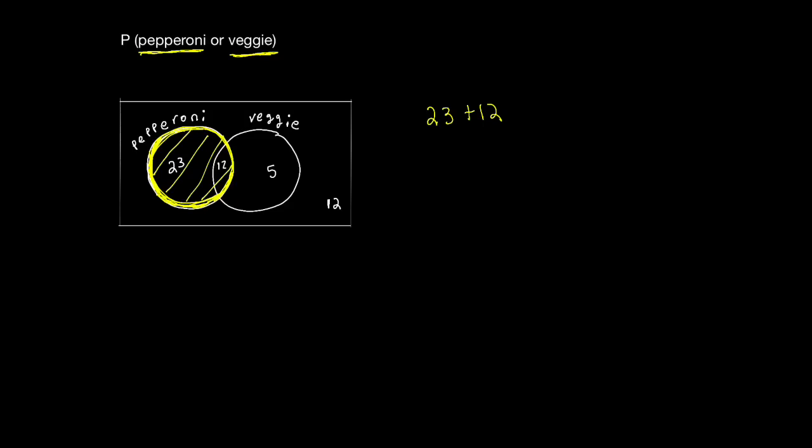We want pepperoni or veggie. So now we're going to include this remaining section here, which is 5. We're going to divide all of that by the sample space of 52, and we get a total of 40 over 52. To get the percentage, we divide 40 by 52, and we get approximately 76.9%.